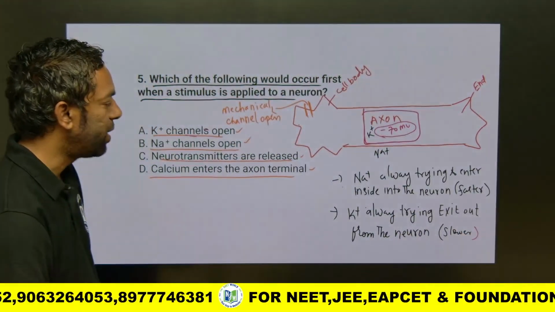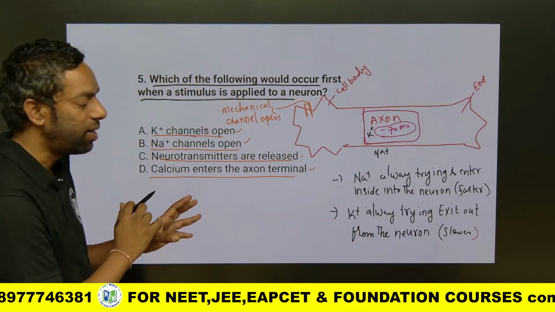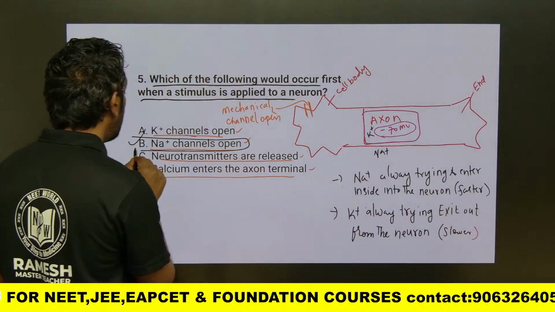So what happened here? Potassium channels open, a slower reaction. First, immediately, sodium channels open. B is the option.